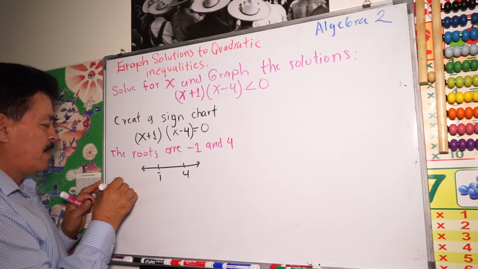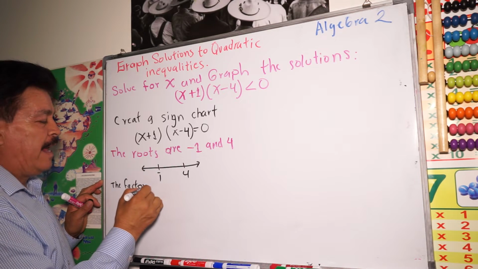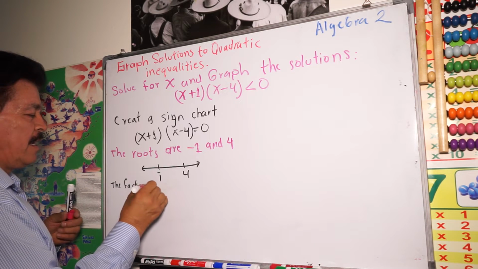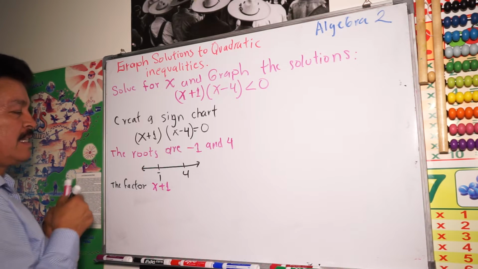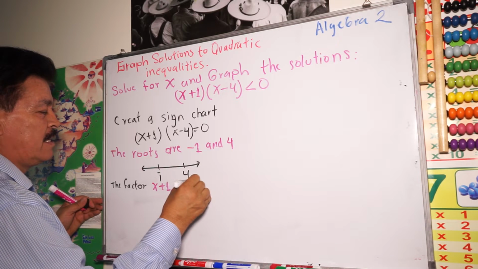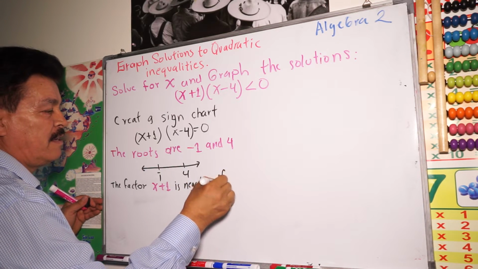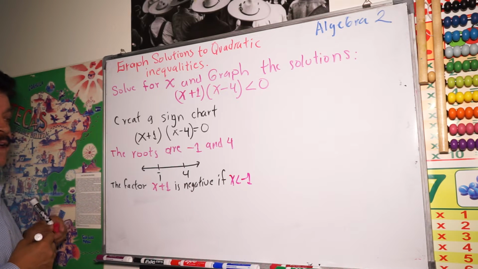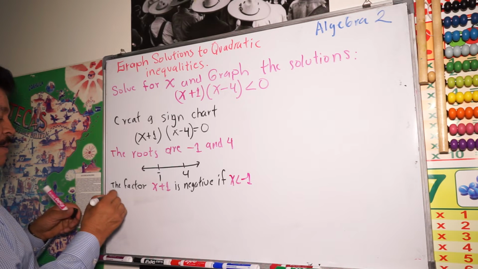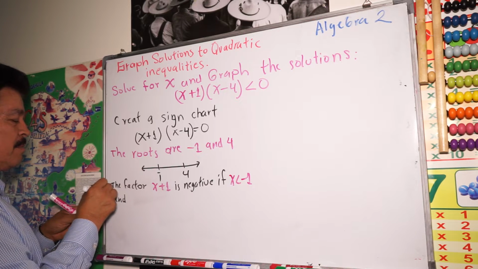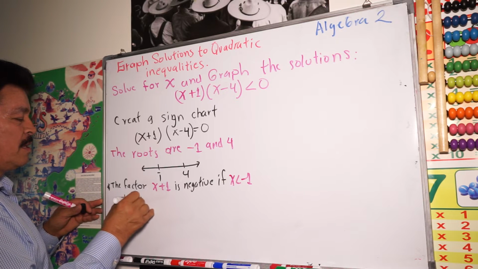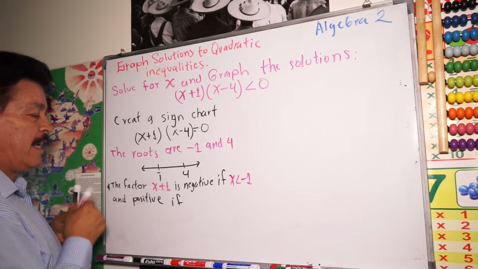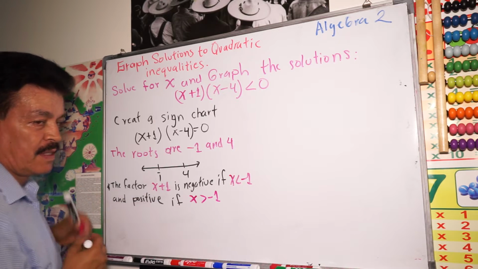The factor x plus 1 is negative if x is less than negative 1, and it's positive, and this is a very important thing, when x is greater than negative 1. Okay.